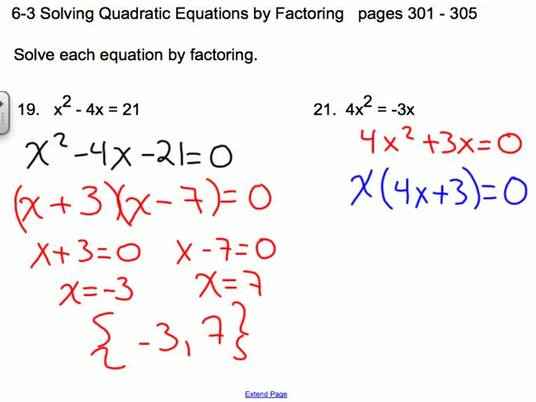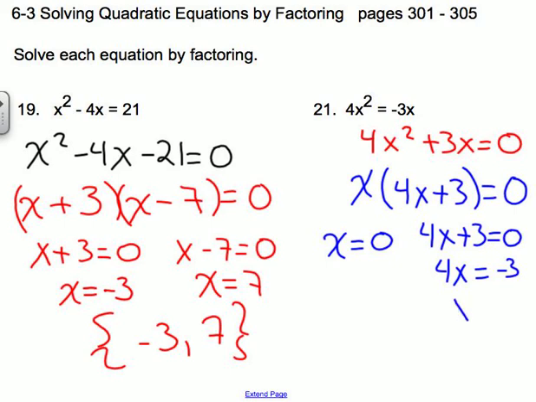Now I have two factors: the x gets set equal to 0, which is already solved, and the 4x plus 3 gets set equal to 0. Subtract a 3 from both sides, I get 4x is equal to negative 3. Dividing both sides by 4, x is equal to negative 3/4. So my solutions here, the roots, the x-intercepts, are 0 and negative 3/4.